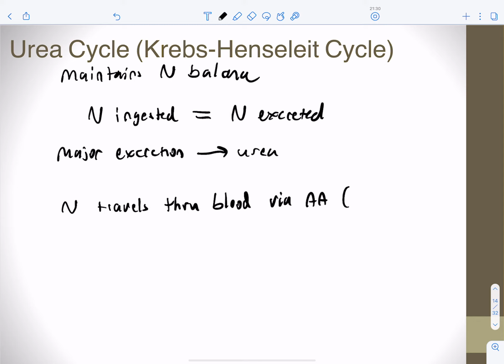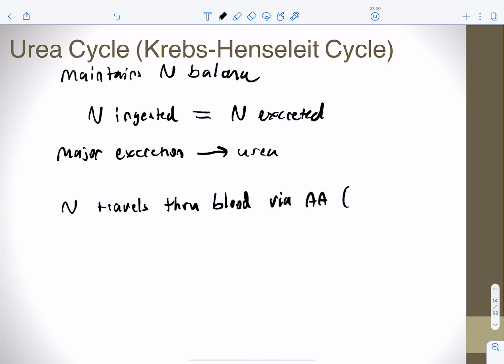Okay, so regulation of the urea cycle is going through allosteric regulation. And again, this is a feed forward because the goal is to eliminate excess nitrogen. So if there is excess nitrogen, you want this thing moving forward.